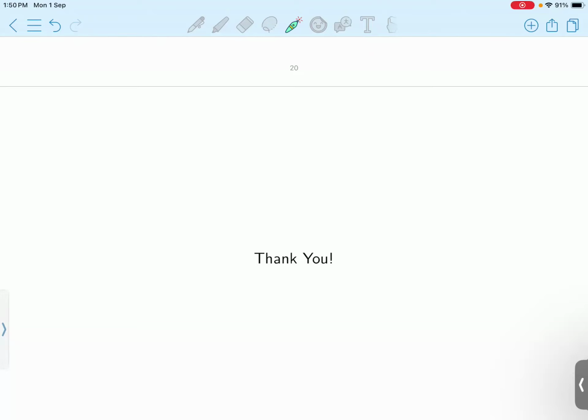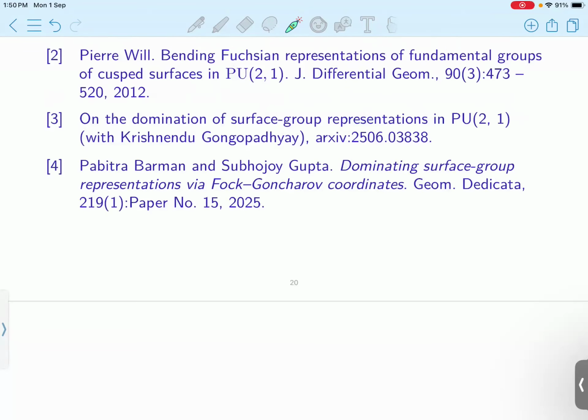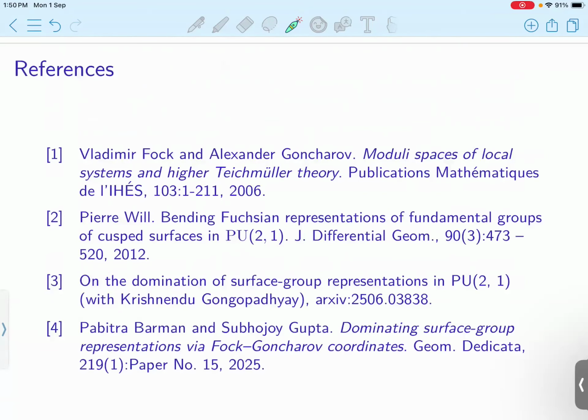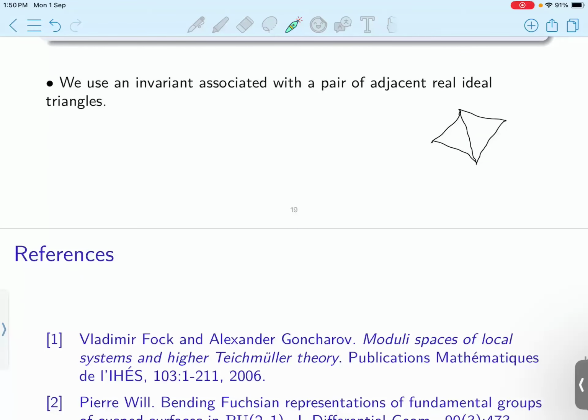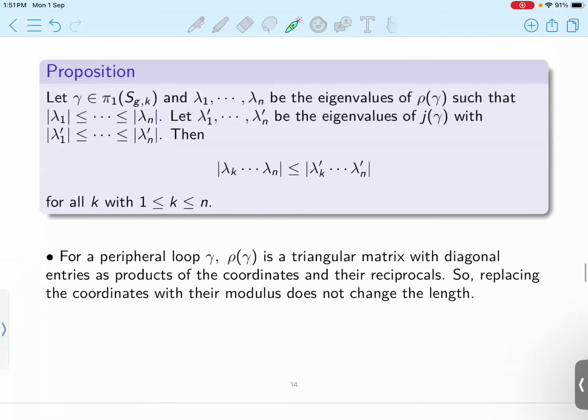So hello, Pavitra. Hi. How are you seeing the representation of the fundamental group of the surface inside PSL2C? Can you ask again? The question is not clear to me.